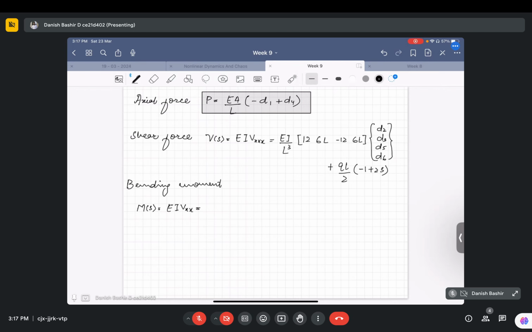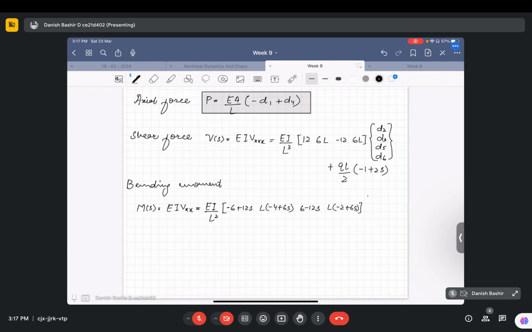Its formula we remember from the beam problem: EI by L squared, then the elements in the matrix are minus 6 plus 12s, L times minus 4 plus 6s, then 6 minus 12s, then L times minus 2 plus 6s.